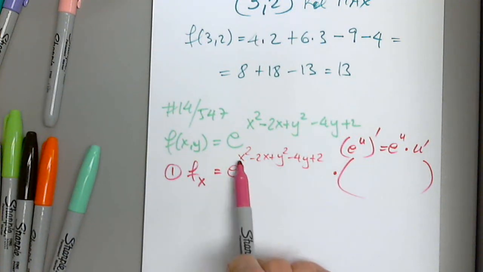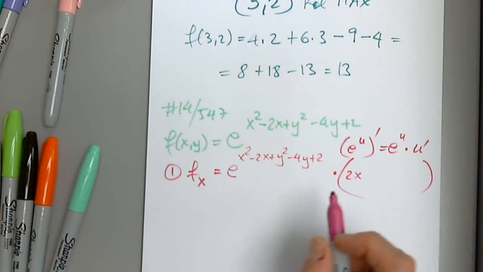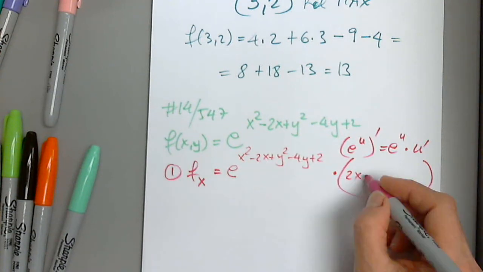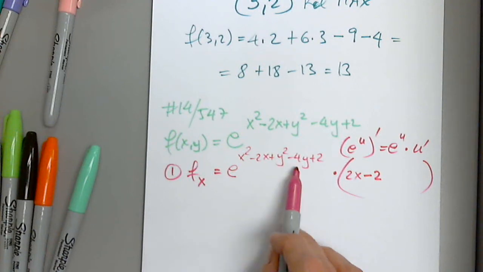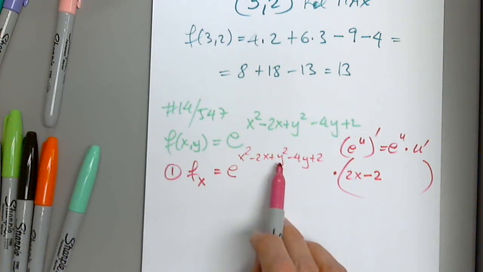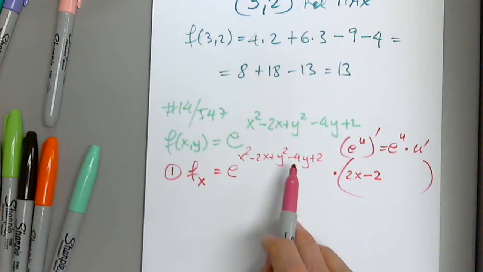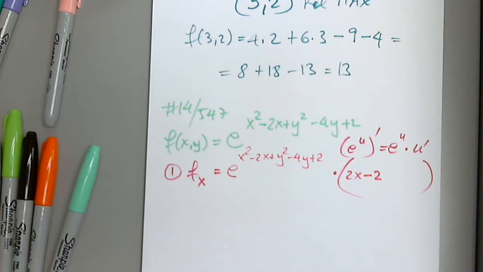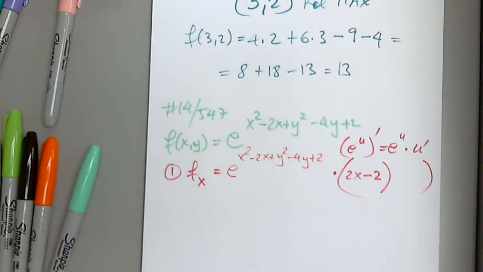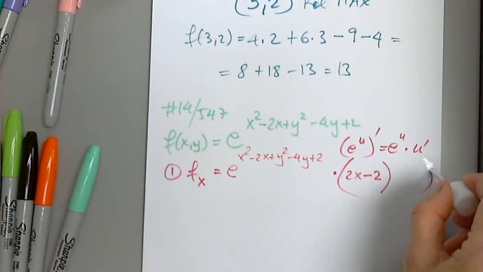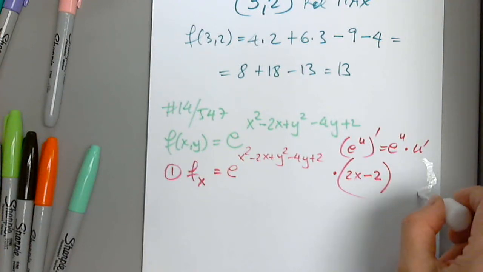So x squared with respect to x is 2x. Negative 2x with respect to x is negative 2. y squared is 0. y squared prime is 0, negative 4y prime is 0, 2 prime is 0. So far so good?